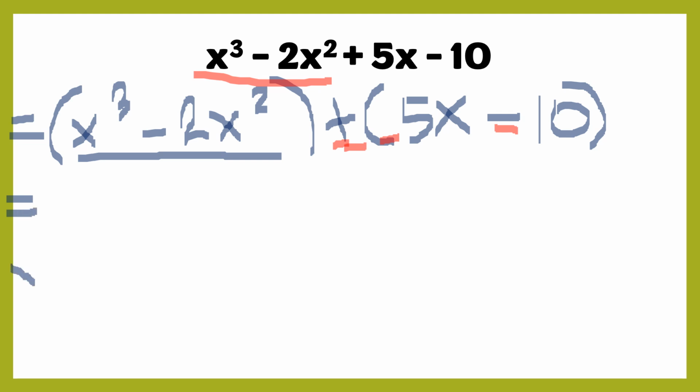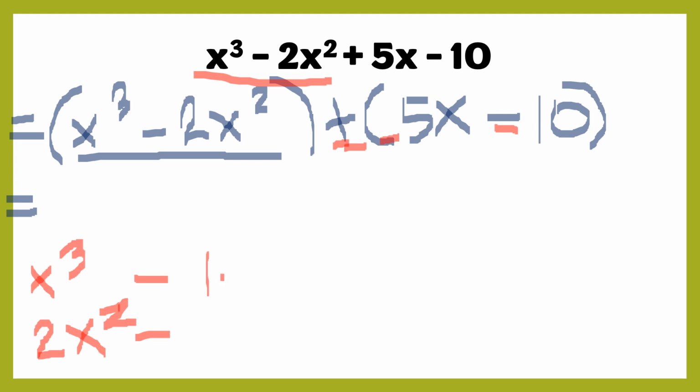The first term is x cubed. Okay, let me change the color. We have x cubed and the second term is 2x squared. Take note, x cubed, that means there is 1 there, that is the coefficient. If you have 1 and 2, its greatest common factor is only 1.